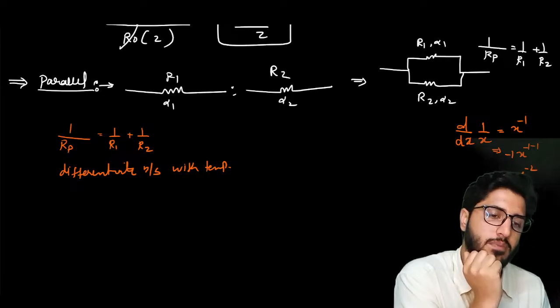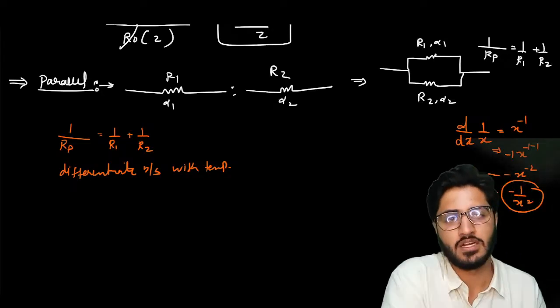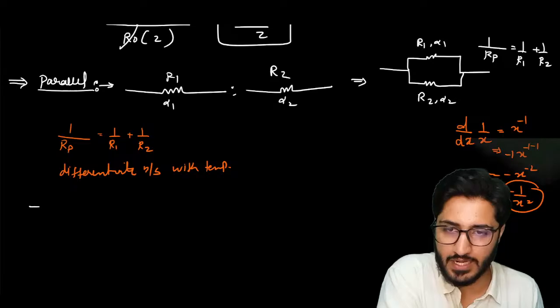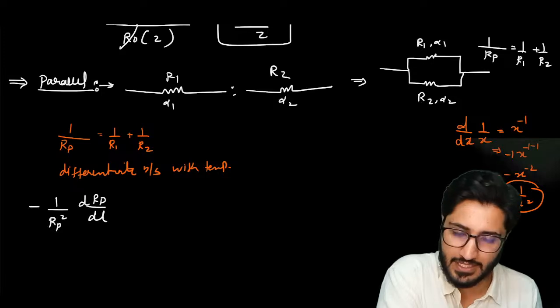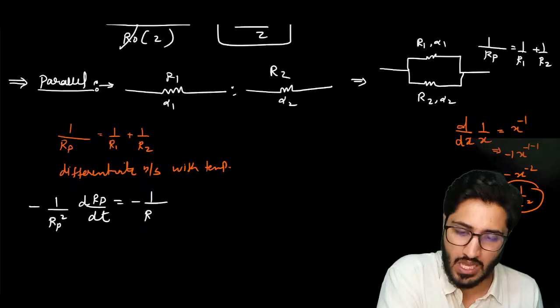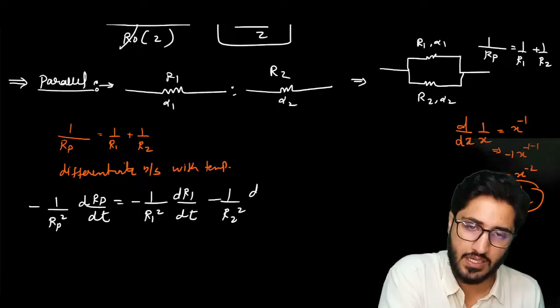So I can write minus 1 by x squared. In the same way, differentiation of 1 by RP would be minus 1 divided by RP square, then dRP divided by dt equals minus 1 divided by R1 square dR1 divided by dt minus 1 divided by R2 square dR2 divided by dt.